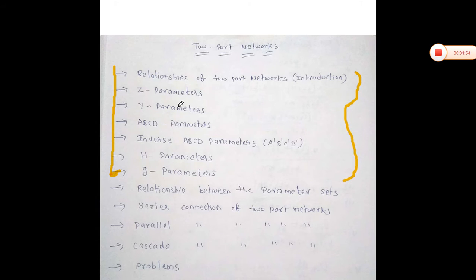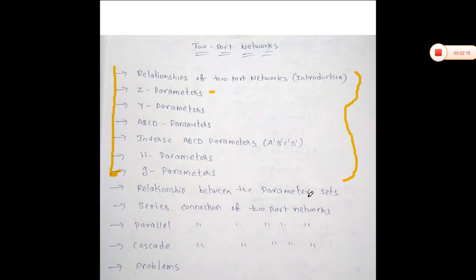In the same manner, Y in terms of Z, ABCD, inverse ABCD, H, G. In the same manner, ABCD, H, G also in terms of other parameters. That is the relationship between the parameter sets, the given parameters in terms of other parameters.